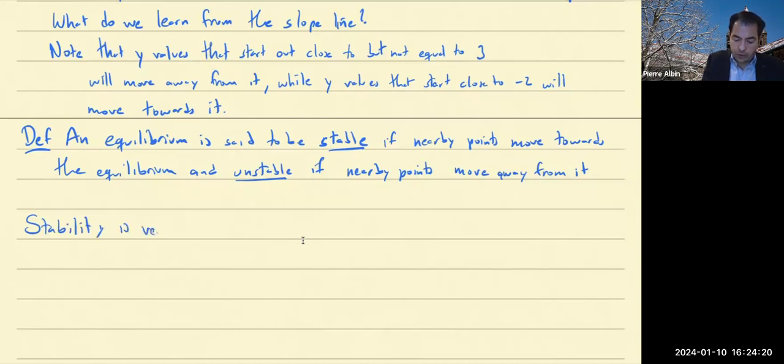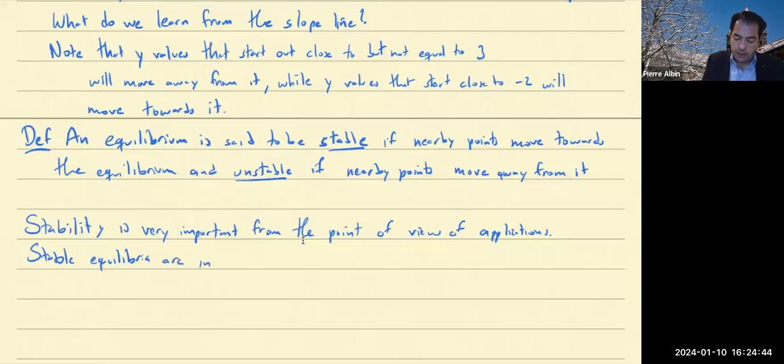Stability is very important from the point of view of applications. Stable equilibria are, in some sense, self-correcting.